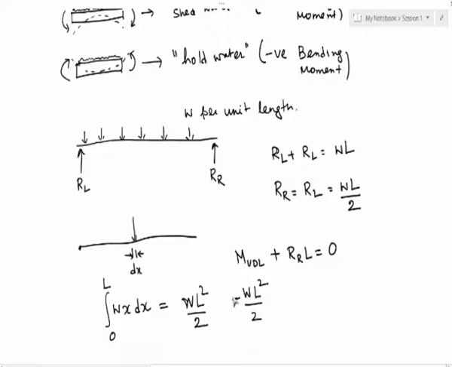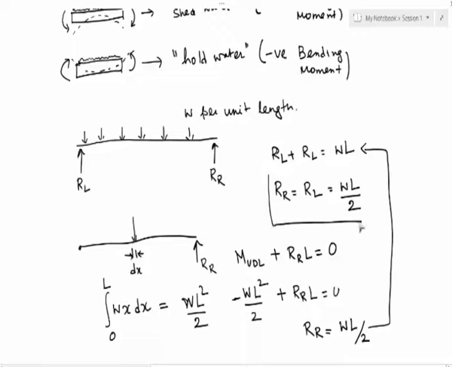So therefore I will put a negative sign here and RR times L, because this moment is acting in opposite direction to the moment induced by the reaction from the right end. So that gives me RR as WL by 2, and from the first equation, if I put this in the first equation, I will get this as a solution.